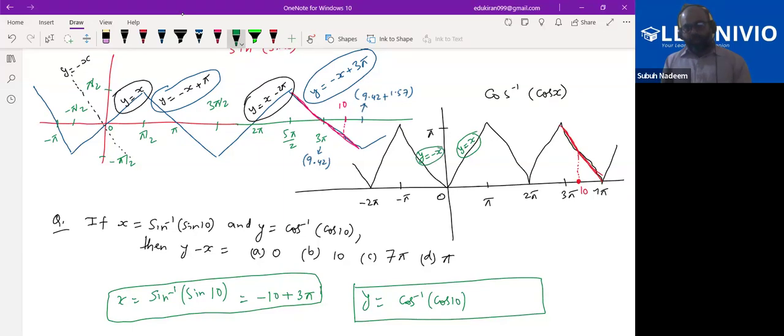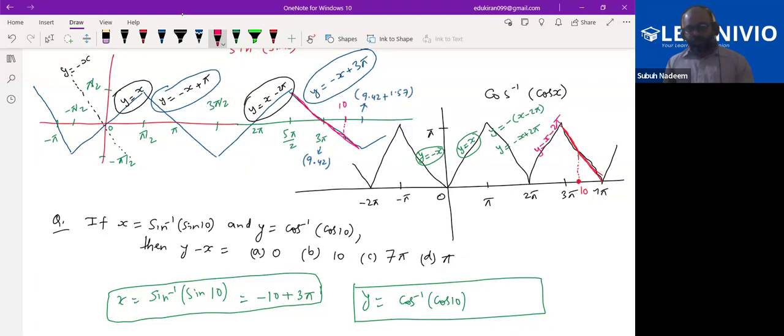Now, if we talk about this line, this line will be y is equal to minus x plus 2 pi, because we are subtracting 2 pi from x. So when the bracket opens, it will become minus x plus 2 pi. And then we have this here, y equal to x minus 2 pi, shifted 2 pi distance to the right.